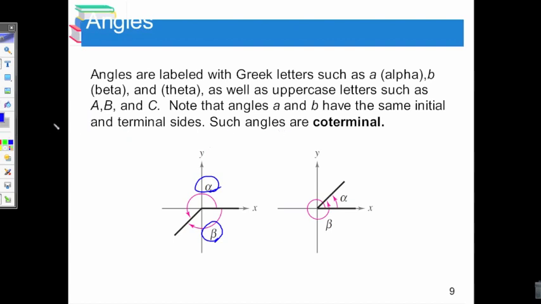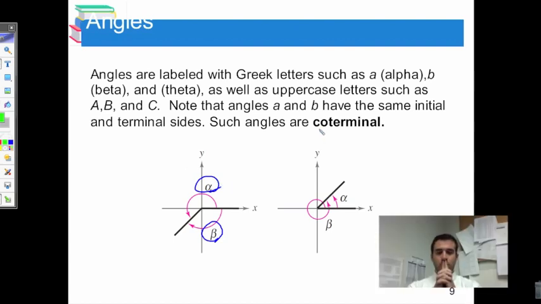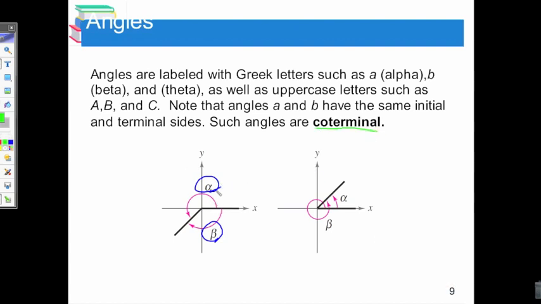Given this idea, I'm going to use the variables alpha and beta to help me illustrate what coterminal means. I have two different angles. I have alpha, which is created by going all the way around, a positive angle, and landing in the third quadrant.